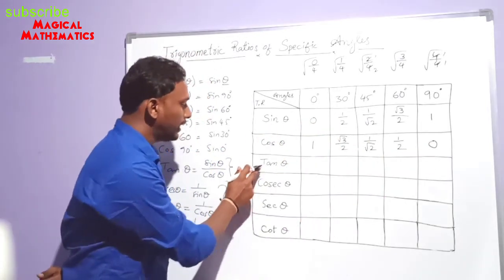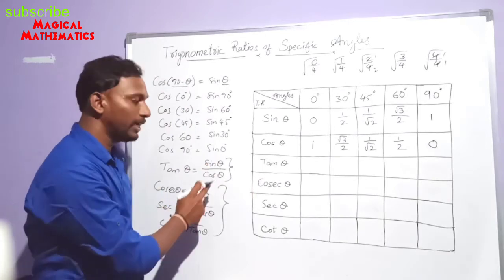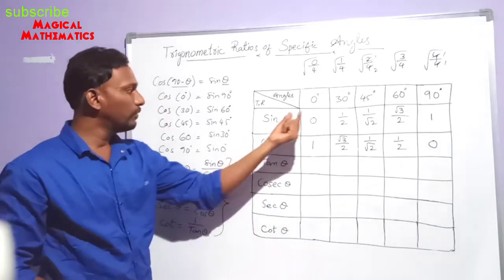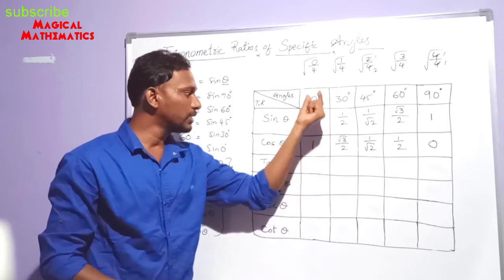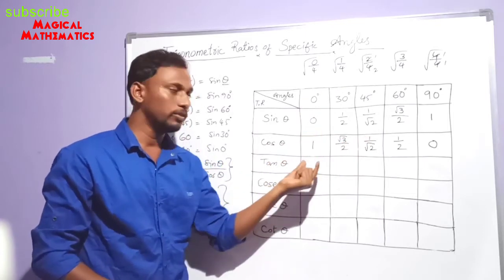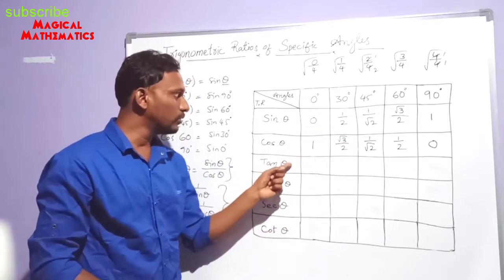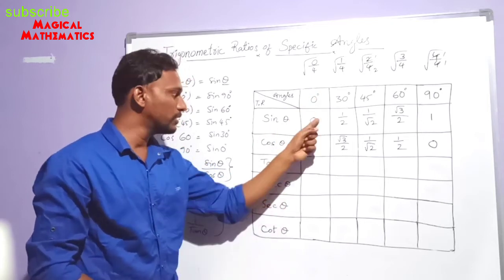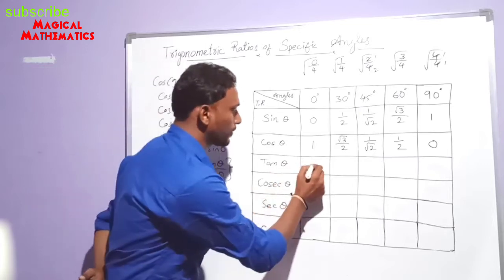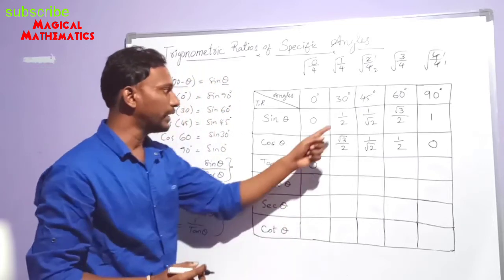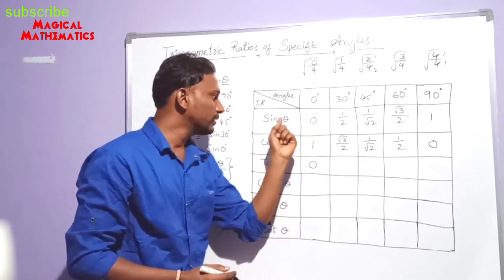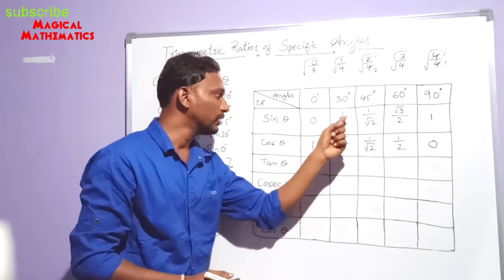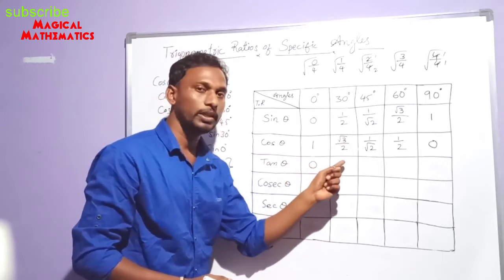Now tan is nothing but sine by cos. We divide these values at the specific angles to get the tan values. Tan 0 is sine 0 by cos 0, that is 0 by 1, which is 0. Tan 30 is sine 30 by cos 30, so 1 by 2 divided by root 3 by 2.